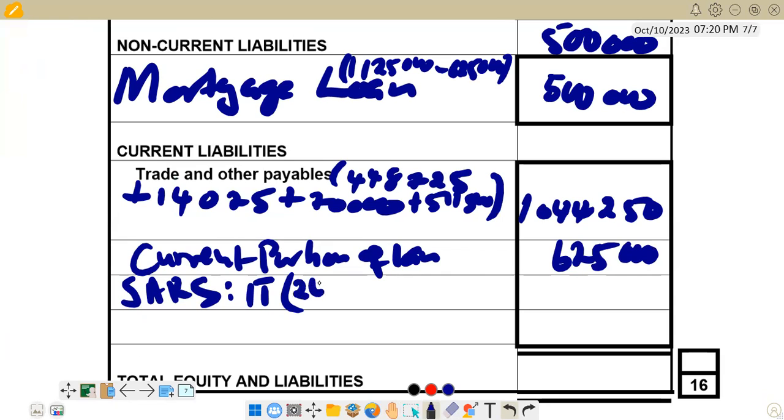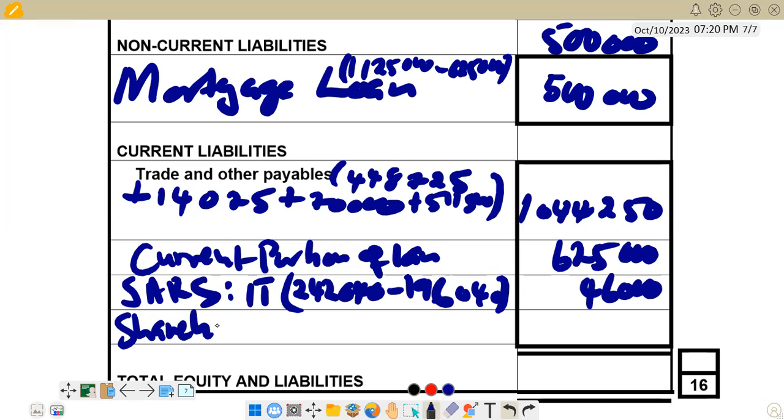The actual tax was 242,040. Then you subtract the provisional that was made, which was 196,040. If you subtract the two, you get 46,000. So this is the difference that we have.